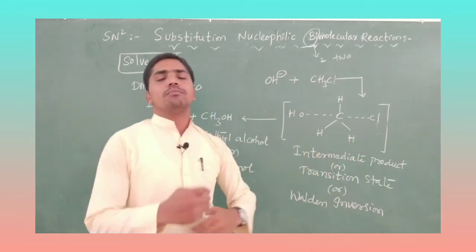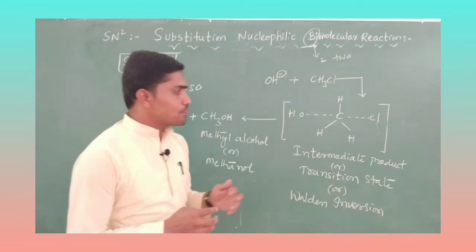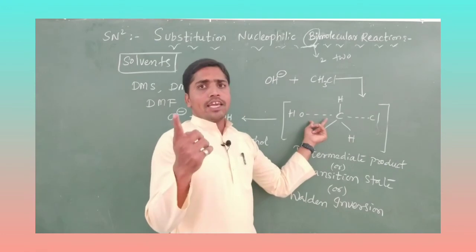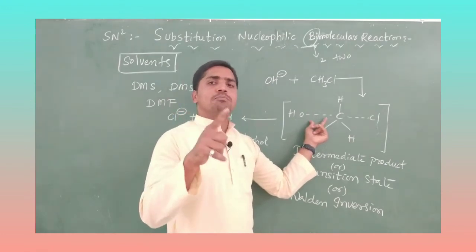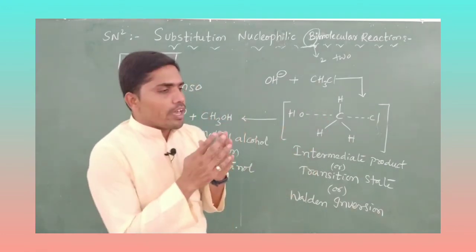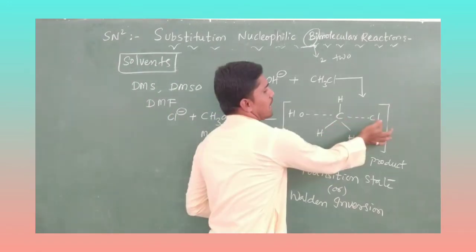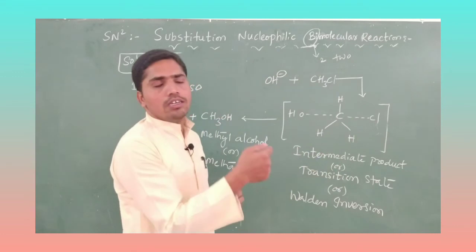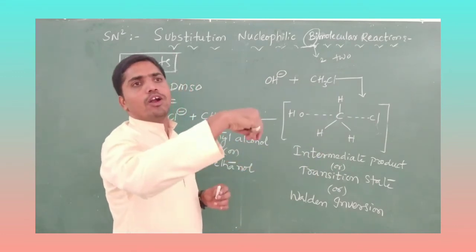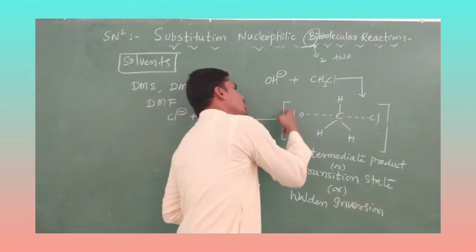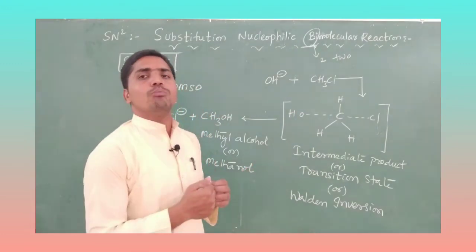Why does it give an intermediate product? Because the bond making and the bond breaking take place at the same time. The bond that breaks is the bond between C and Cl. When this bond breaks, the nucleophile is ready to make a new bond with carbon.